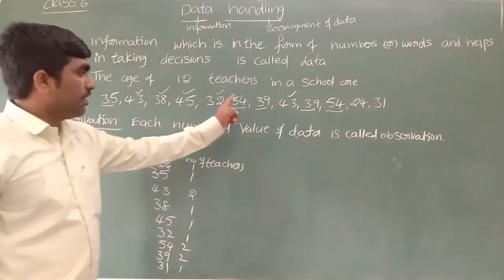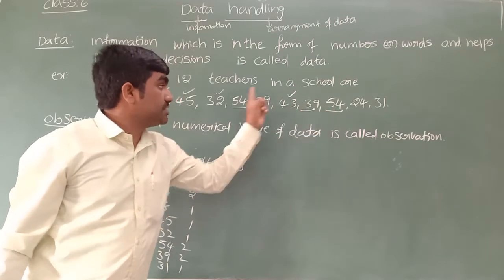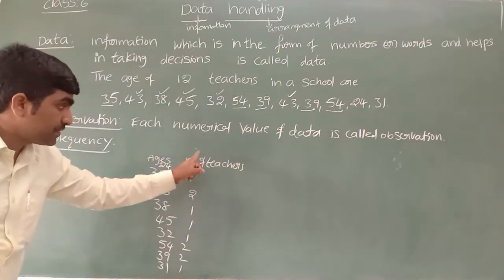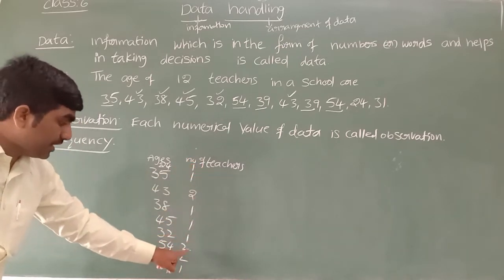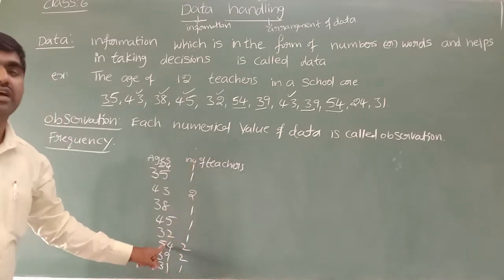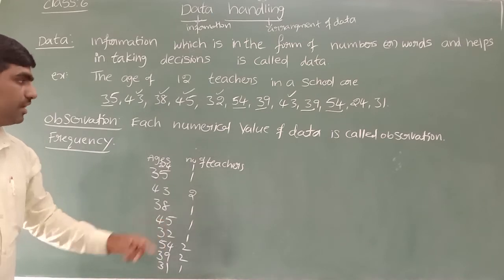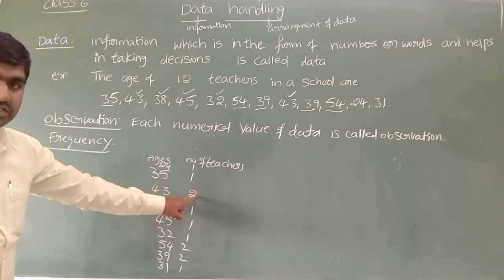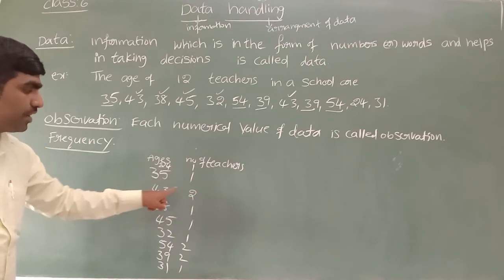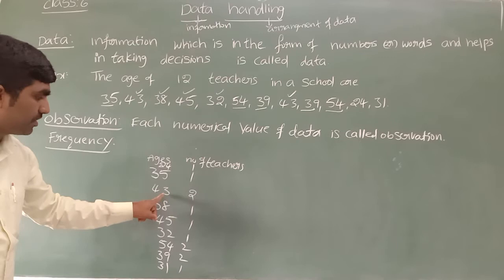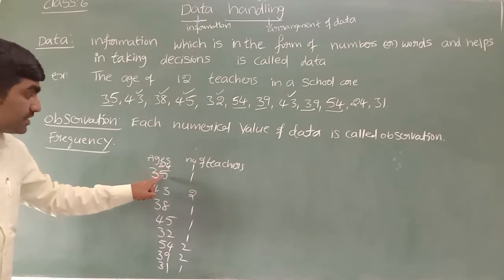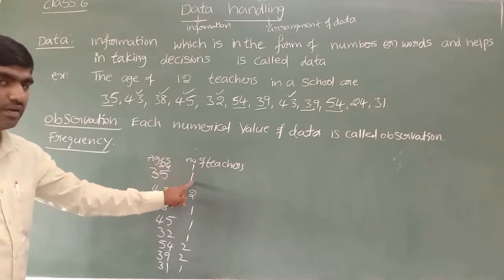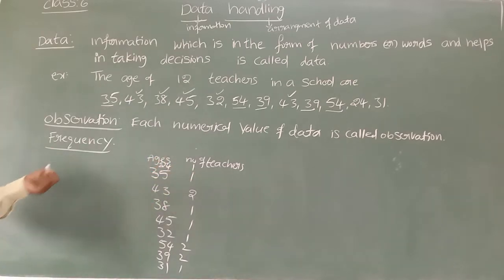Here 54 is the observation which is repeated 2 times. 43 is repeated 2 times, so the frequency of 43 is 2. And 35 is the observation which repeats only one time, so the frequency of 35 is 1.